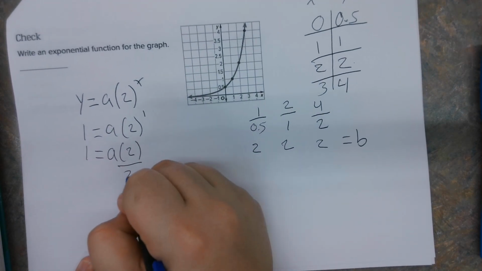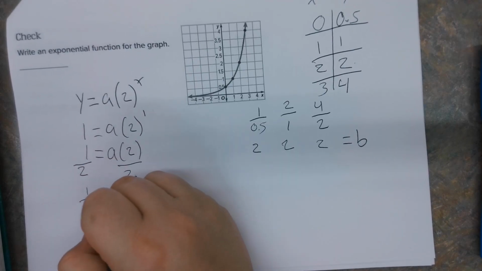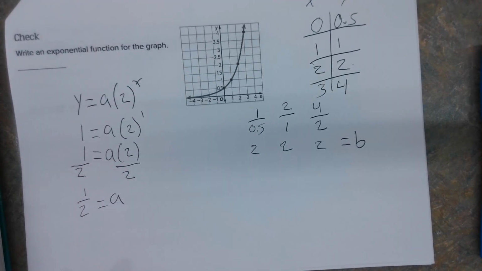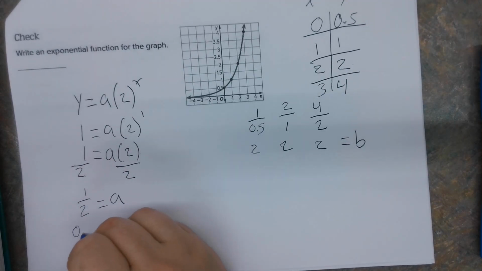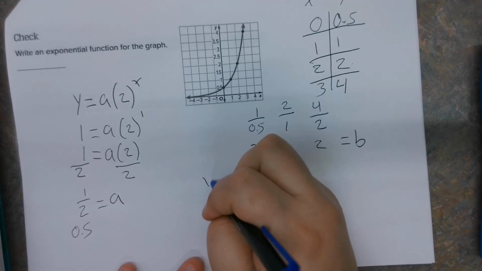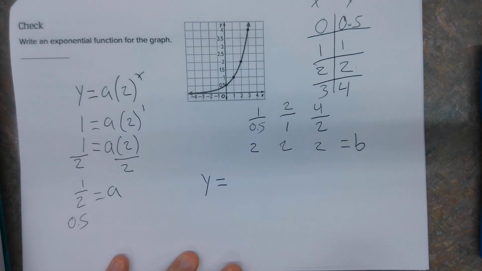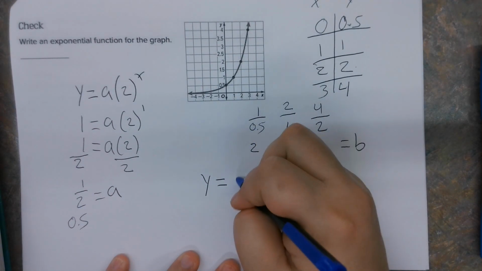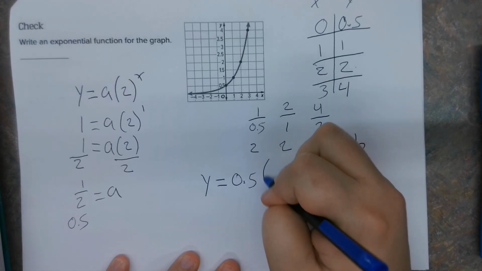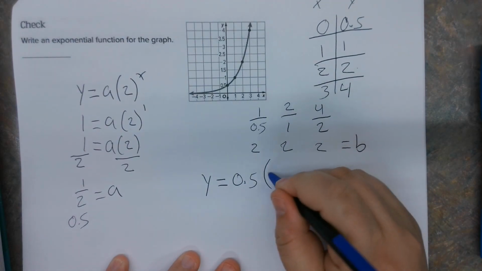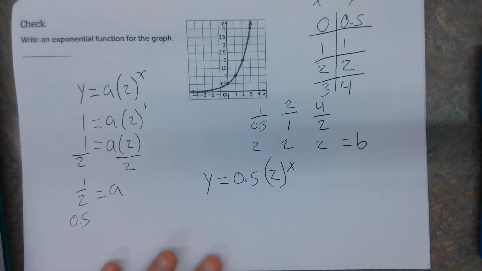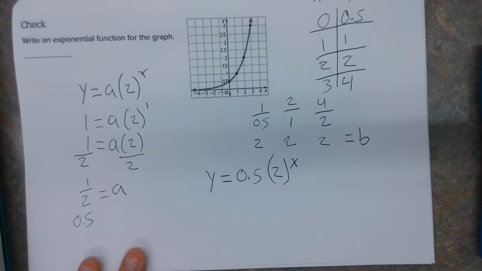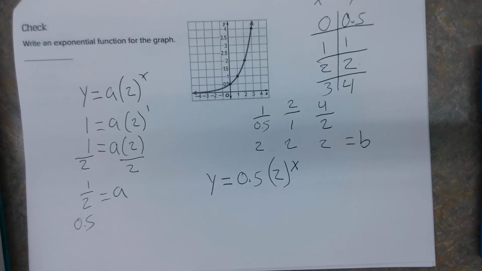I'm going to divide by 2, divide by 2. So 1/2 equals a. Or you can use 0.5. So plug it in. y equals a is 0.5, b is 2. Don't forget the x. Okay? Those are the only examples we're doing. Here we go.